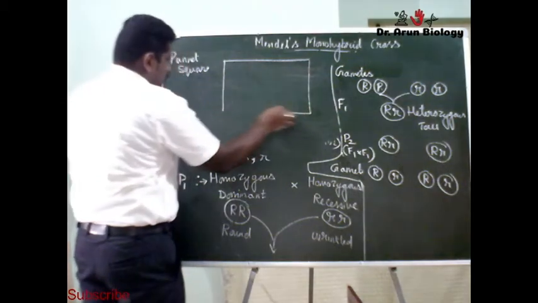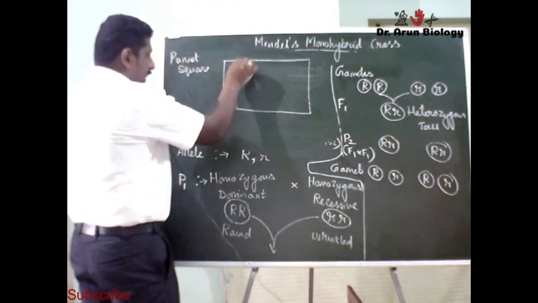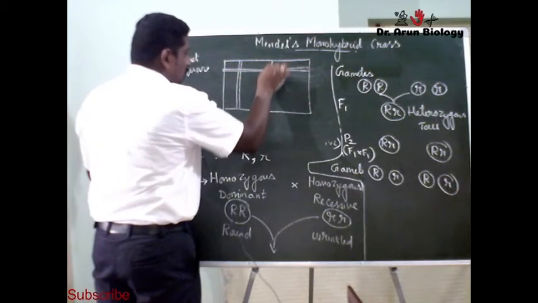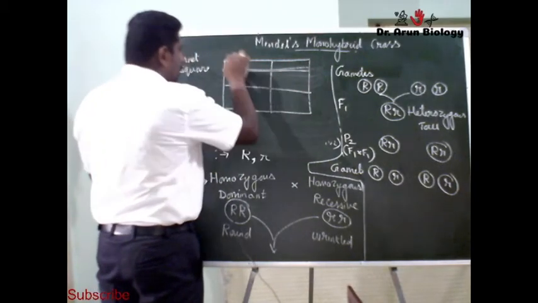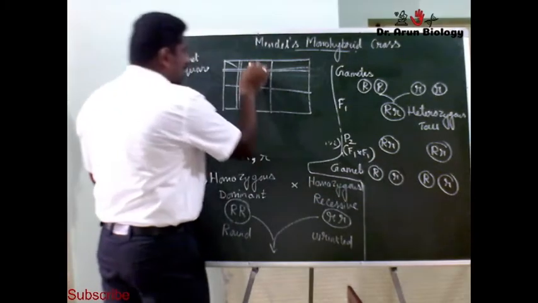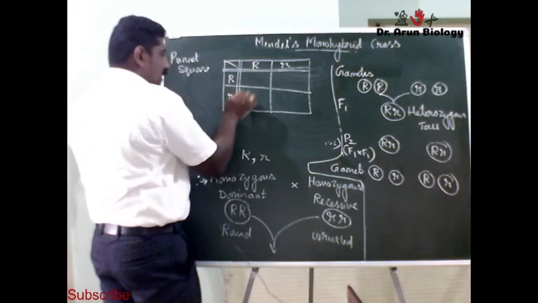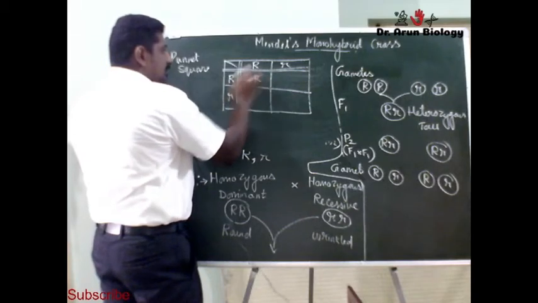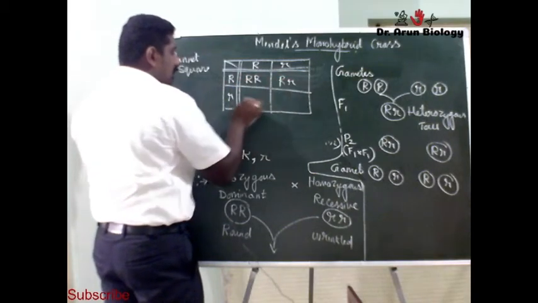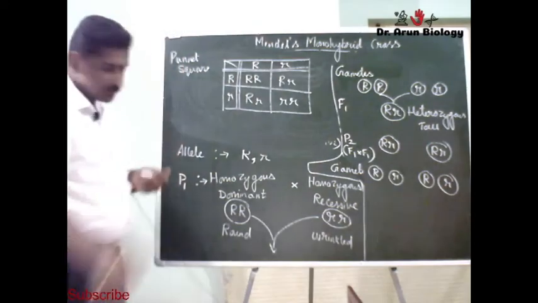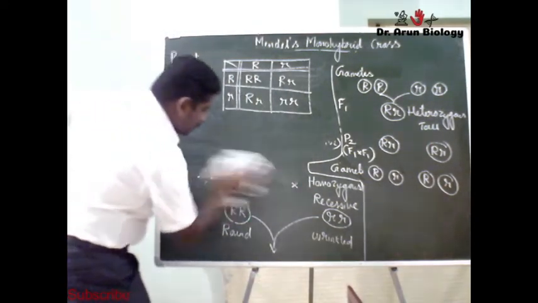Draw a checkered box with a double line for gametes, and inside the checkered box is for the progenies. So capital R, small r, capital R, small r, capital R capital R, capital R small r, capital R small r, small r small r. Okay, this is over.